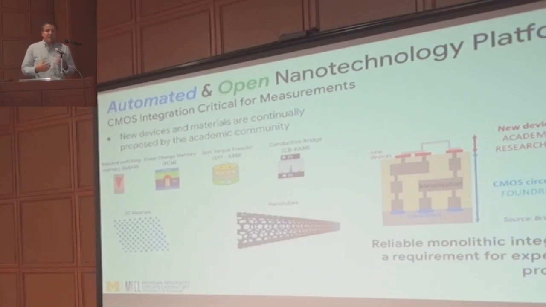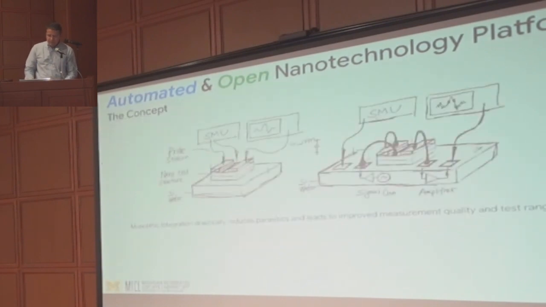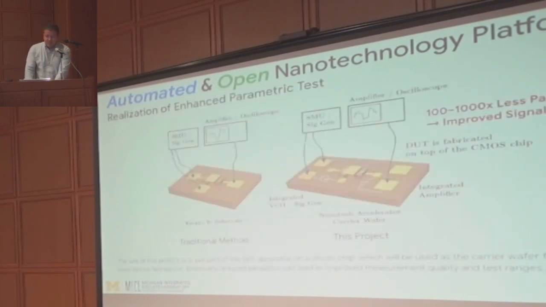And all this can be co-integrated with CMOS, and you can characterize it with lower parasitics. So the aim of this project is to put some test apparatus on the silicon, which will be used as a carrier wafer to characterize emerging and memory devices. So that was the sketch of this project.